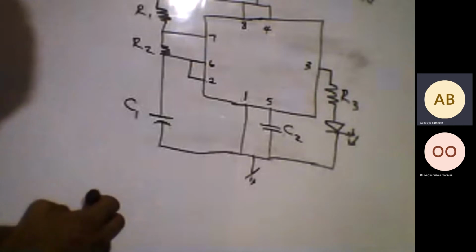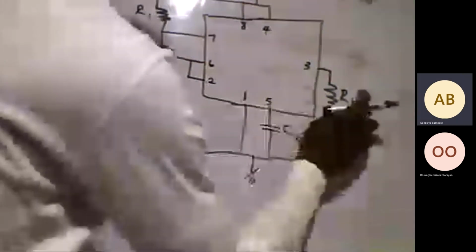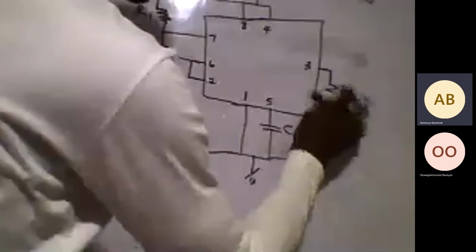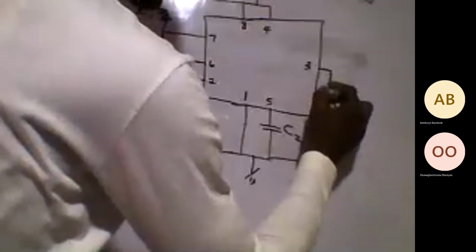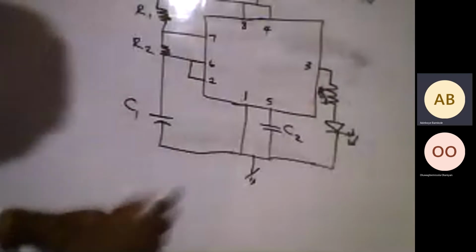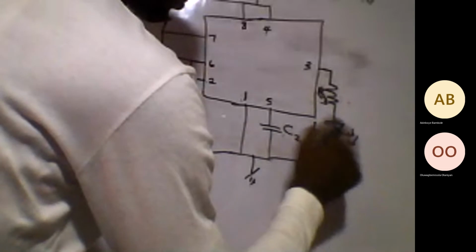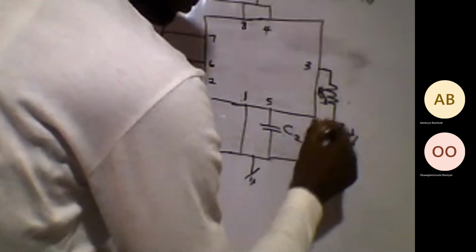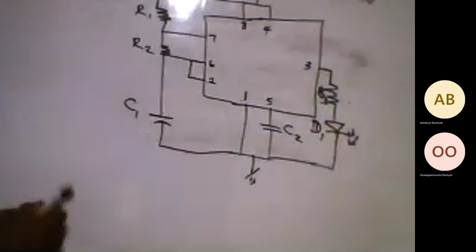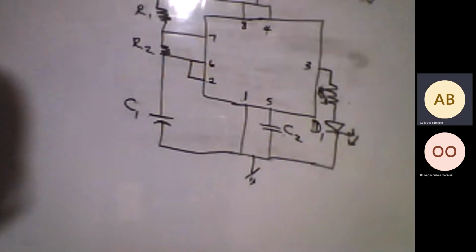I can see the resistor there, but I can't see the label. Okay, let me put it here then. So can you see the rest? Can you see the one? Yes, sir.